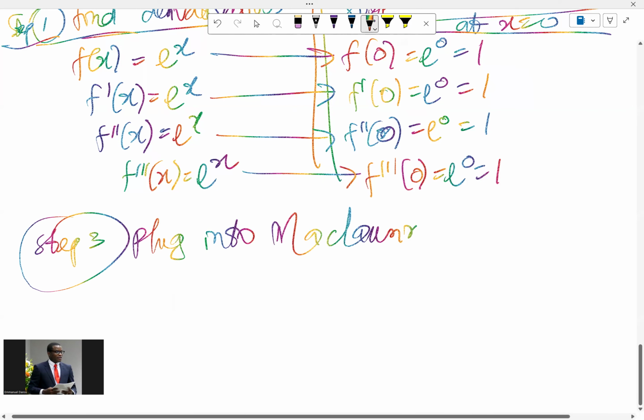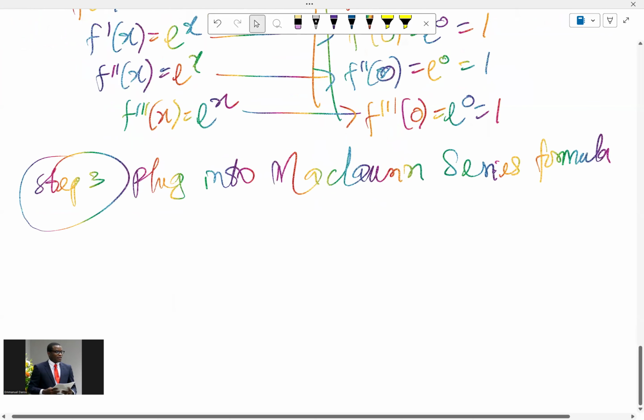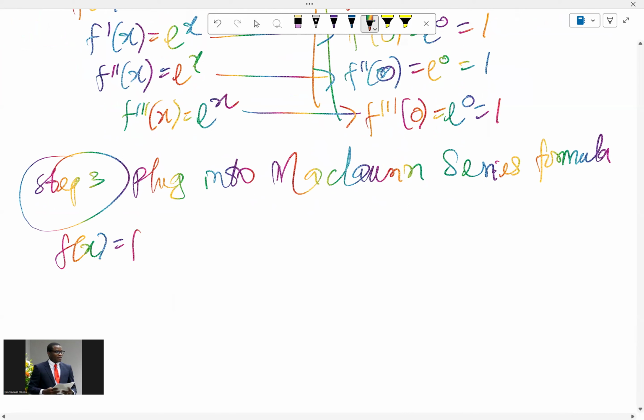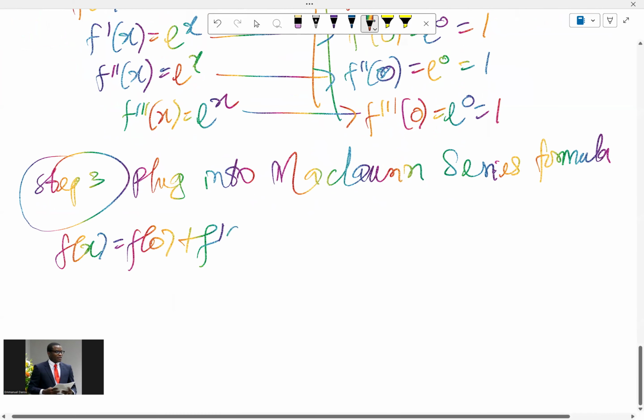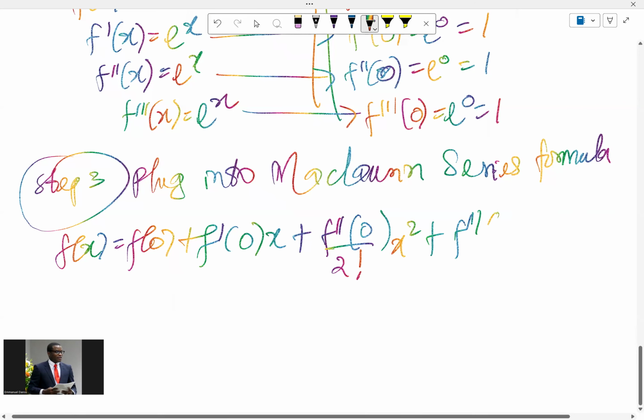The Maclaurin series formula, which we know already, is f of x equals f of 0 plus f prime of 0 times x plus f double prime of 0 over 2 factorial x squared plus f triple prime of 0 over 3 factorial x cubed, and so on and so forth.